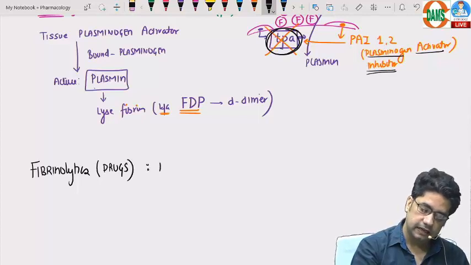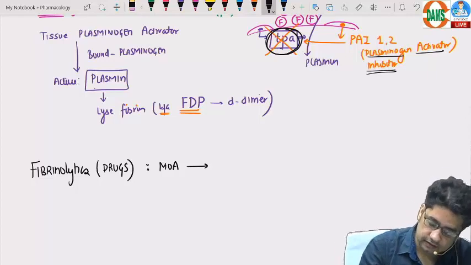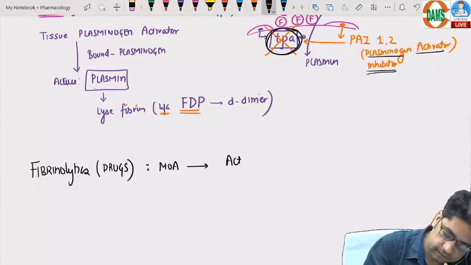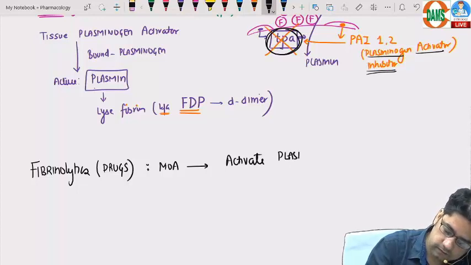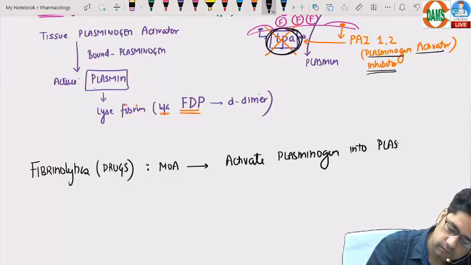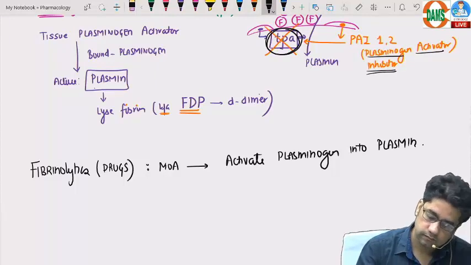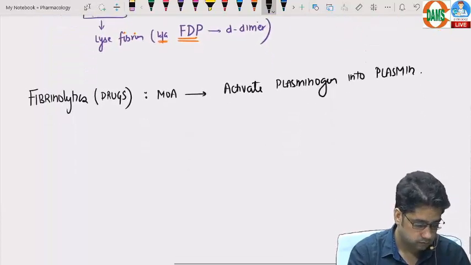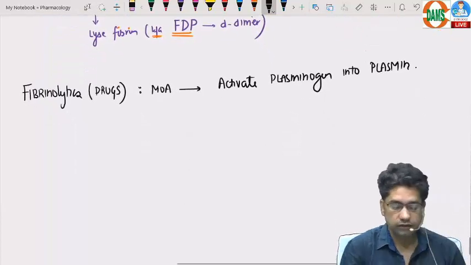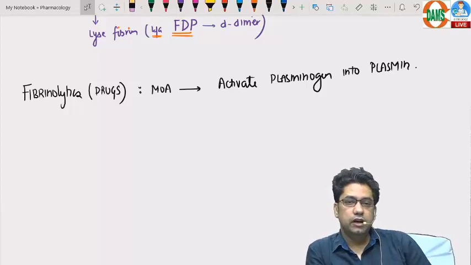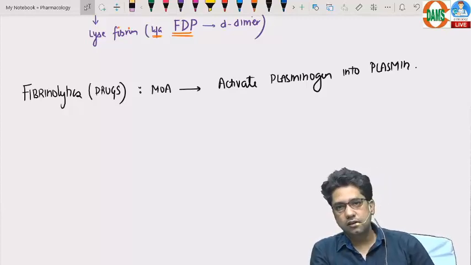Now what is their mechanism of action? Fibrinolytics as a drug, they activate plasminogen into plasmin. So when we discuss fibrinolytics as a drug, what is their mechanism?